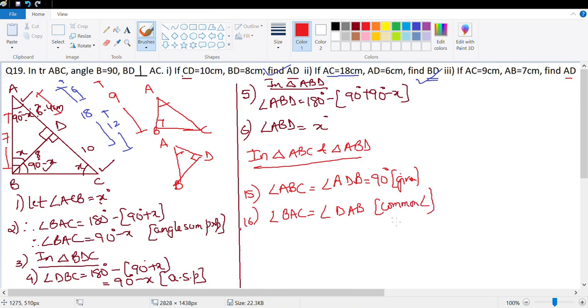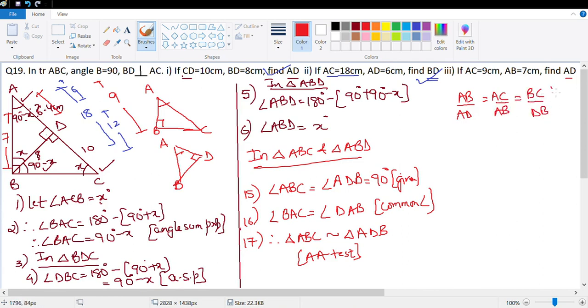Therefore, triangle ABC is similar, not congruent, similar to triangle ADB by AA test. What this gives us is AB upon AD is equal to AC upon AB, which is equal to BC upon DB.